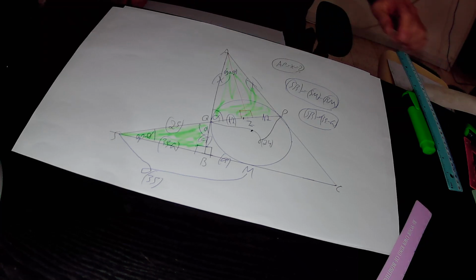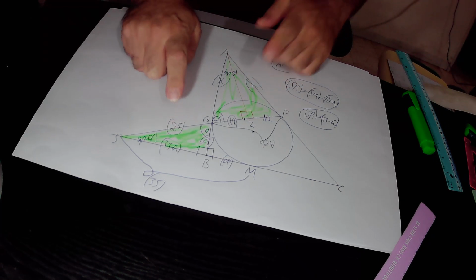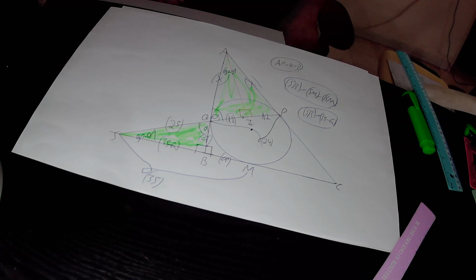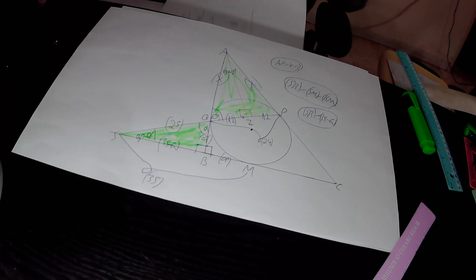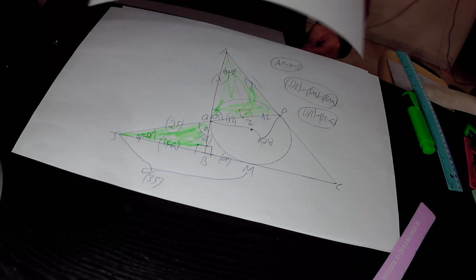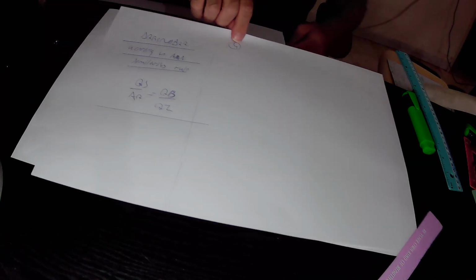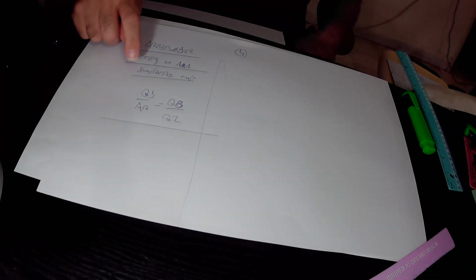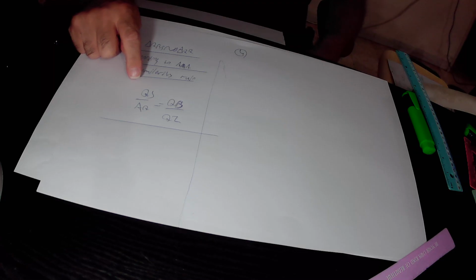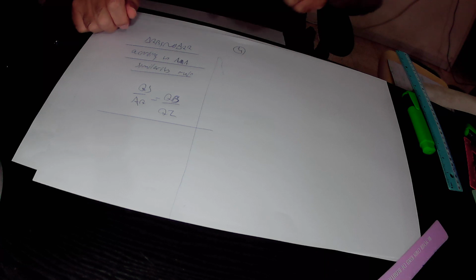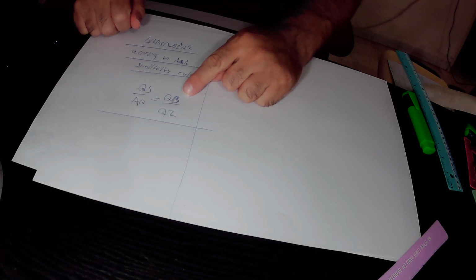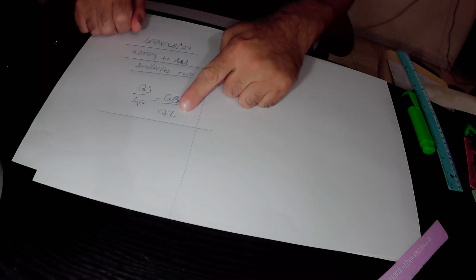And again, from the fact that those two right triangles are similar to each other, we derive that the following relationship exists between their sides. We derive that side QS of the small right triangle QBS over side AQ of the big right triangle AQZ is equal to side QB of the small right triangle QBS over side QZ of the big right triangle AQZ.